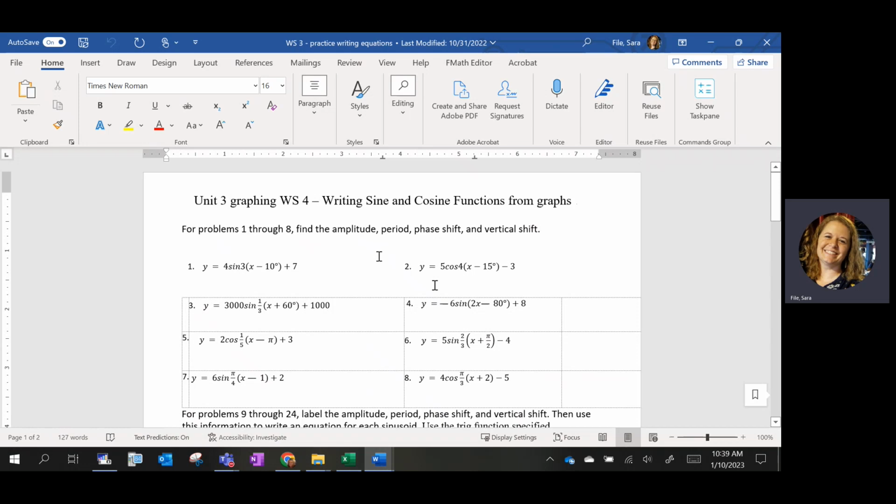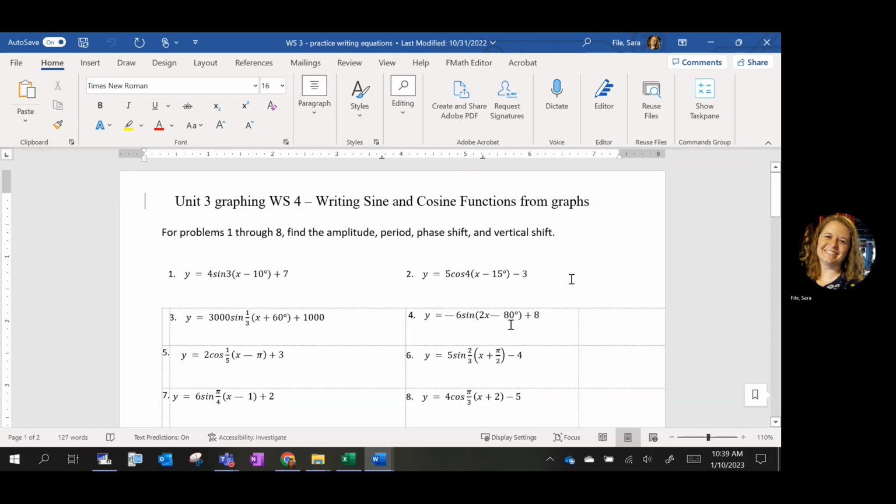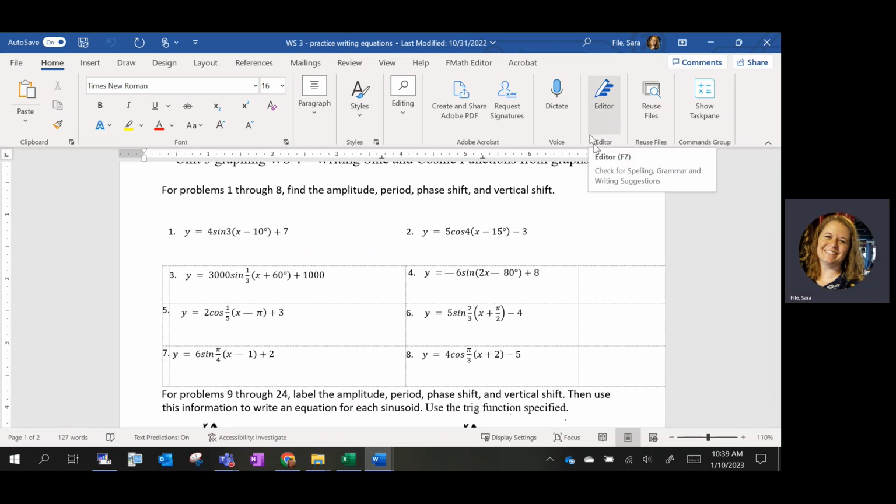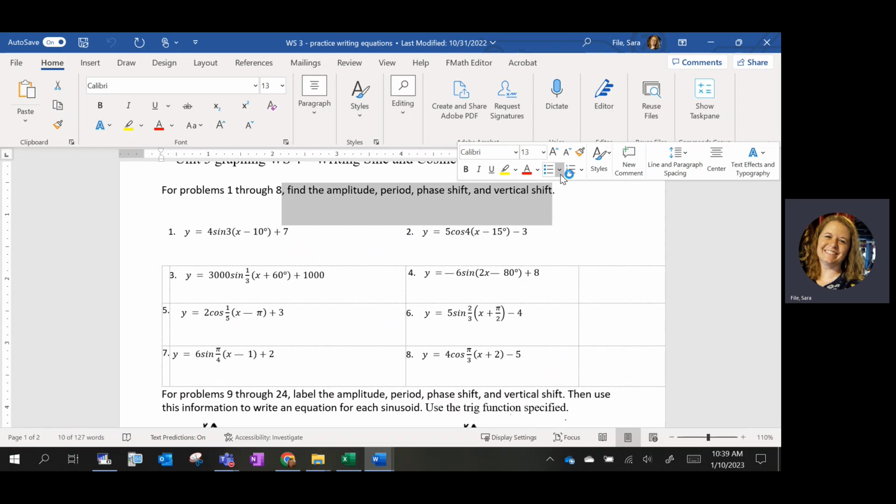If you want to rip it off, because this one is not optional. Those first 3 were optional last week, but now that we've covered these notes, we're actually going to do this practice on paper instead of on Delta Math. So in this first section, the first 8, you are not graphing these. You are simply giving those 4 components: the amplitude, period, phase shift, vertical shift.